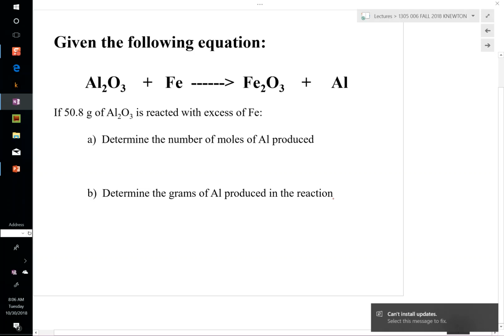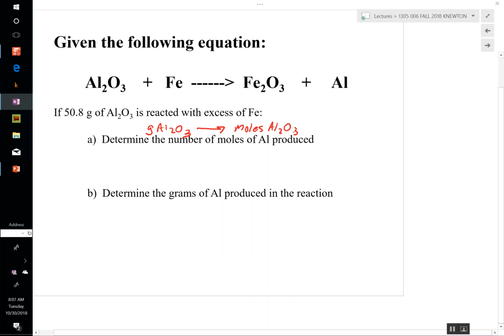The pathway we need to go on for part A is we have grams of aluminum oxide. We're going to have to convert that into moles of aluminum oxide, and then what are we going to have to do? Well, we have to convert it into moles of aluminum.